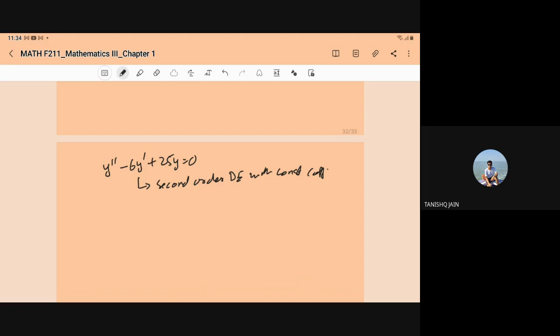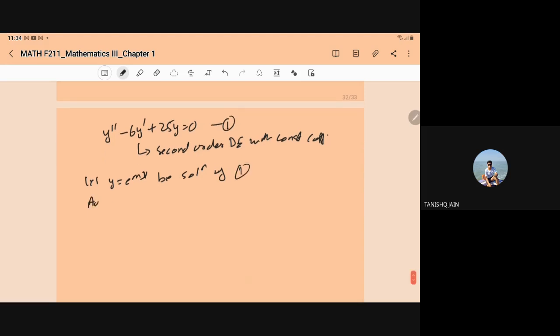So let y is equal to e to power mx be a solution of it. Then the auxiliary equation will come m square minus 6m plus 25 is equal to 0.